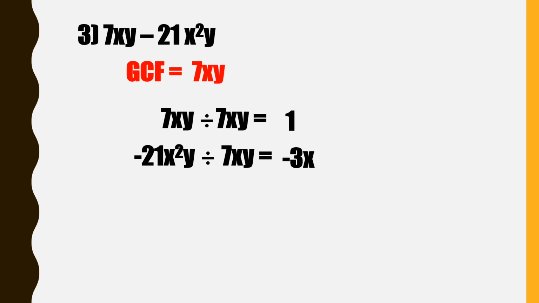As we can see, we have different signs. Therefore, the answer is negative. Yung GCF, siya yung nasa labas ng parenthesis. And then yung quotients, siya yung nasa loob ng parenthesis natin. So we will get the form of 7xy quantity 1 minus 3x. This is the factored form of 7xy minus 21x squared y.